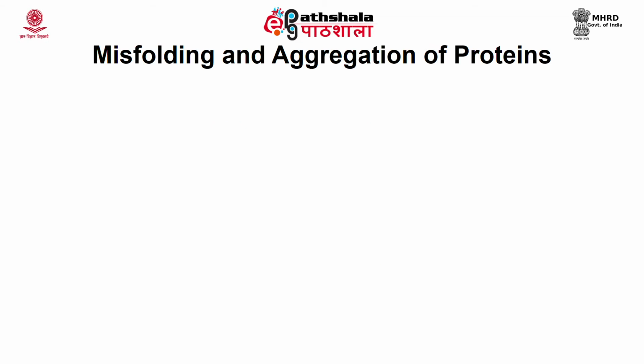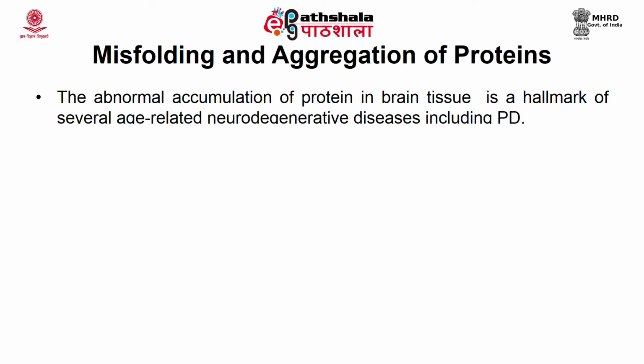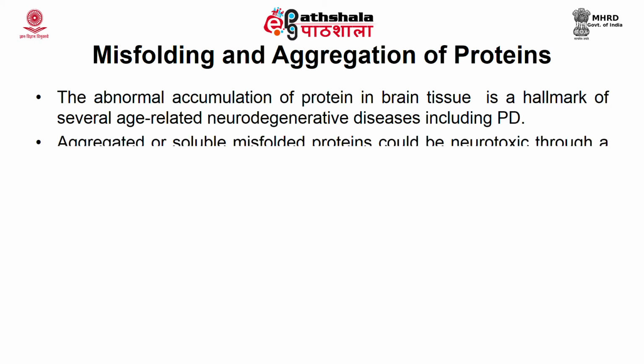If we look at the misfolding and aggregation of protein, we see an abnormal accumulation of protein in the brain tissue, which may be the key factor leading to neurodegeneration, and it may increase toxicity in the brain.